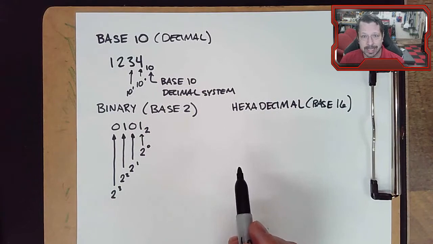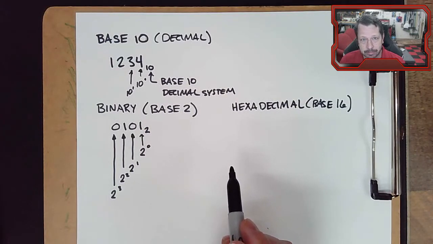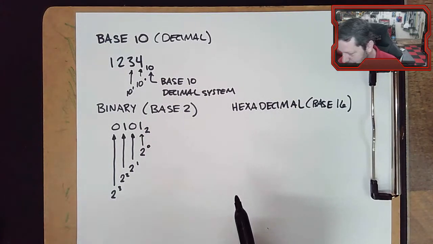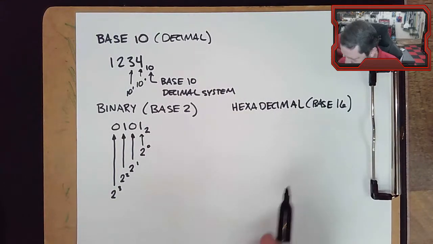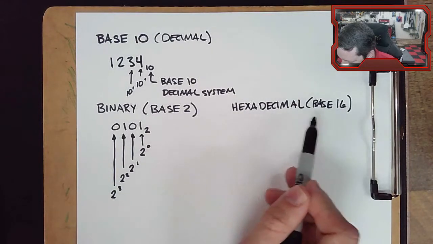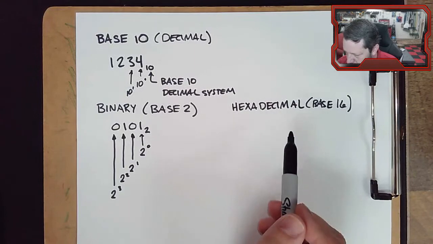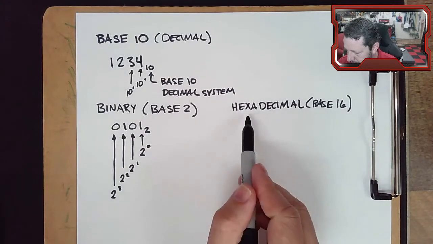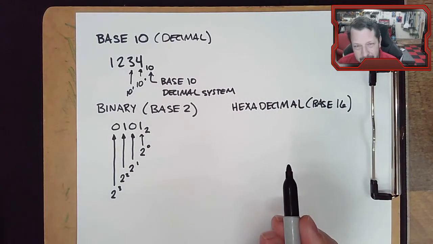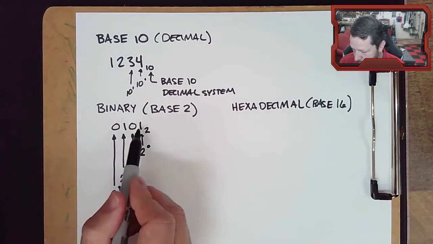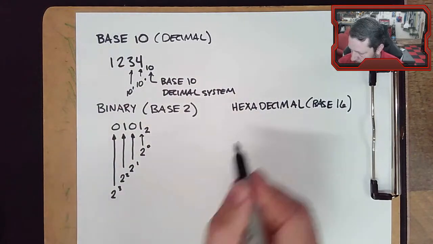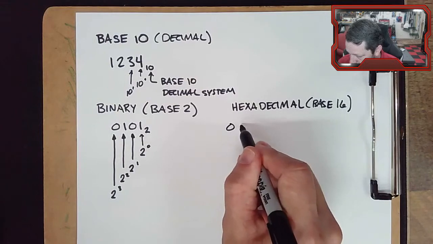I think it's the Babylonians who had a base 60 system, so theirs was a very different system than what we have. So hexadecimal has a different set of variables that you can put in all the spots here. It uses 0 through 9.